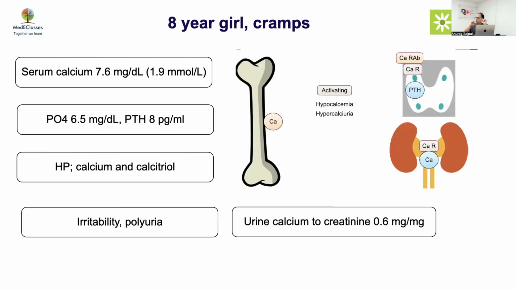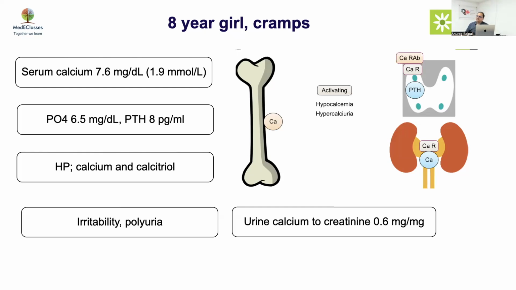Now, if I just want to compare, you have got 3 types of patients. One has hyperparathyroidism. The other patient has hypoparathyroidism, and the third one has a calcium sensing receptor defect. Somehow you are able to get all their calciums to 12. Who will have the maximum urinary calcium and who will have the least?